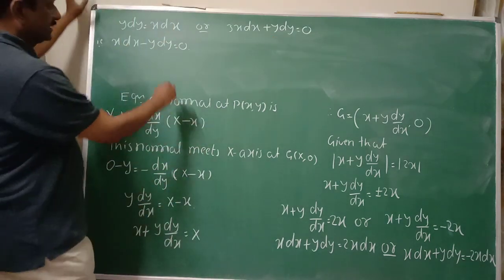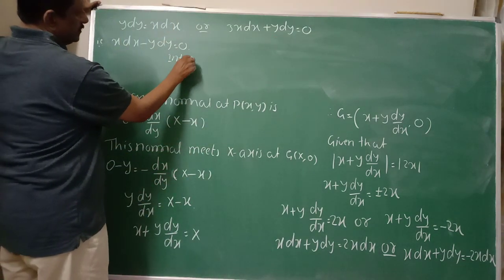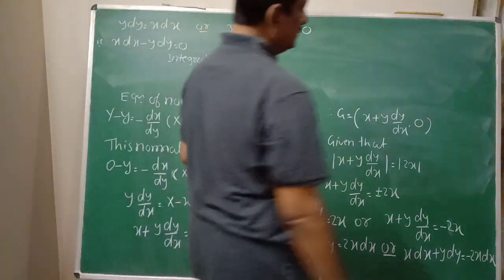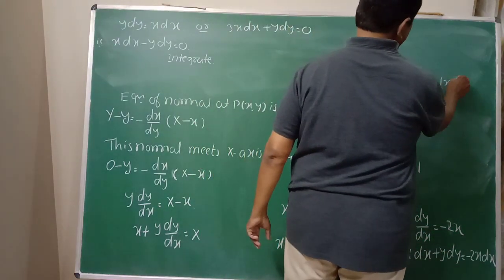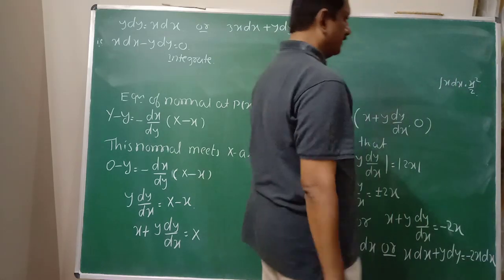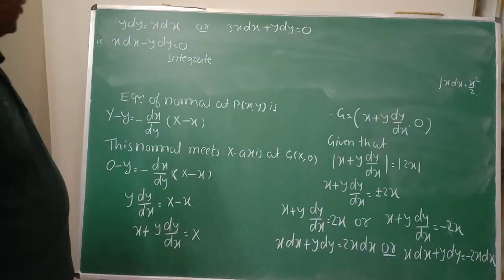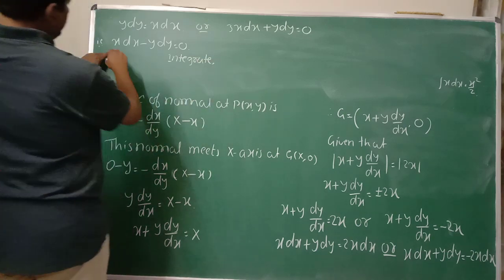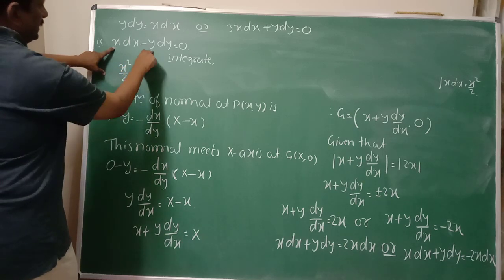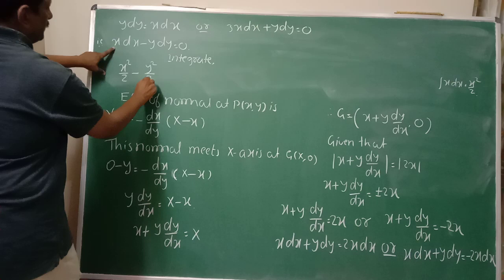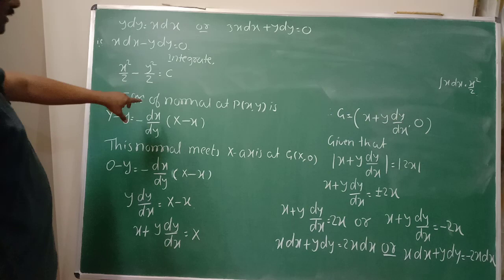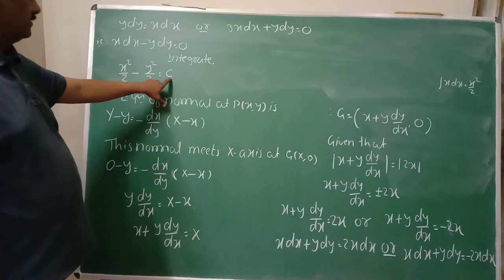Now you want to integrate here. There is a formula in integration: integration of x into dx is x square divided by 2. So I integrate on both sides. Integration of x is x square divided by 2 minus integration of y is y square divided by 2, is equal to some constant, an integrating constant.